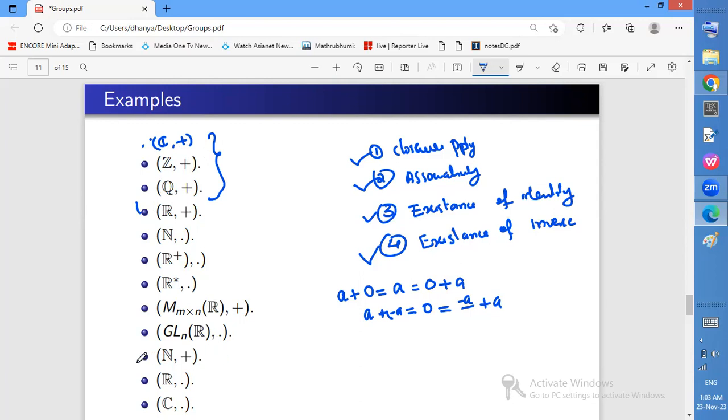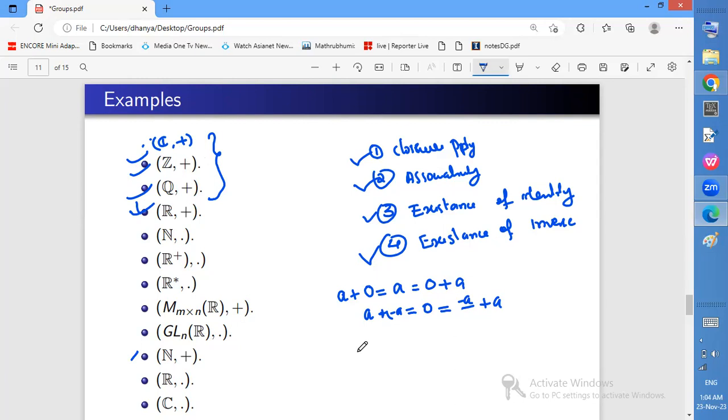Now what about this one? So these are all groups. What about N under addition? If I am considering N under addition, closure property is already verified because addition is a binary operation on the set of natural numbers. Clearly, it is associative. Now what about the identity element?